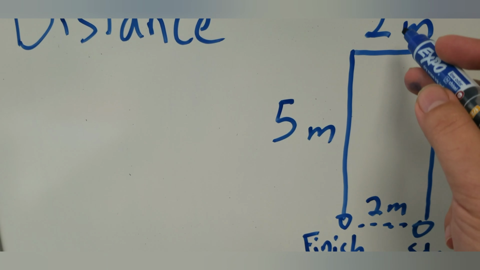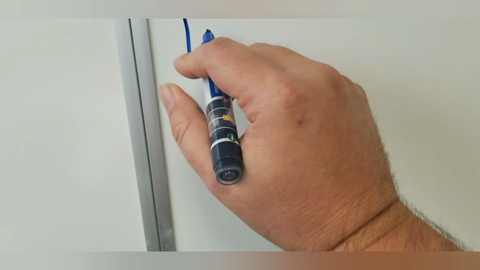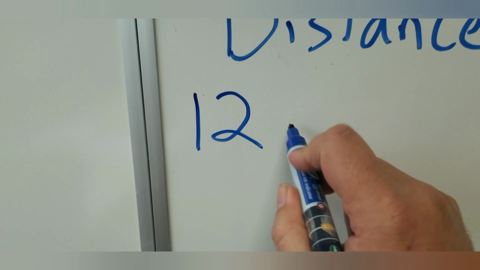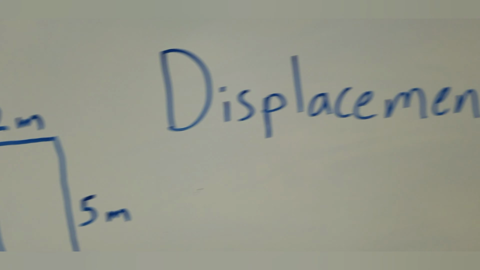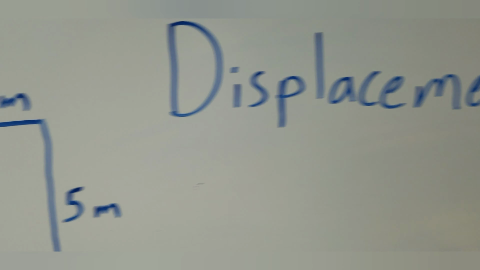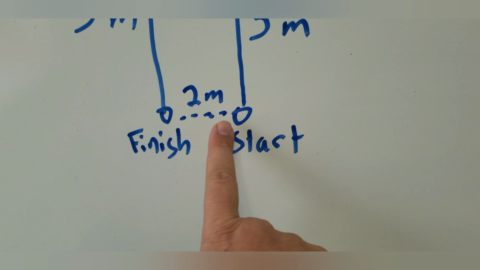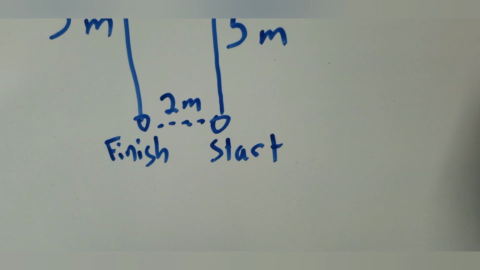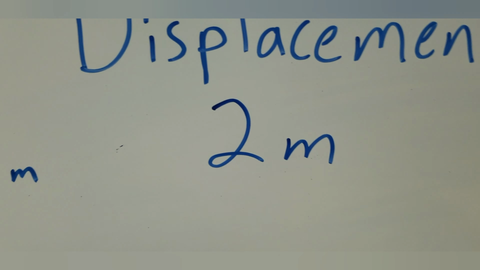So 5 plus 2 plus 5, 7, 12. I traveled a distance of 12 meters. But displacement just looks at how far where I ended up is compared to where I started. That's only 2 meters. So the displacement is just 2 meters.